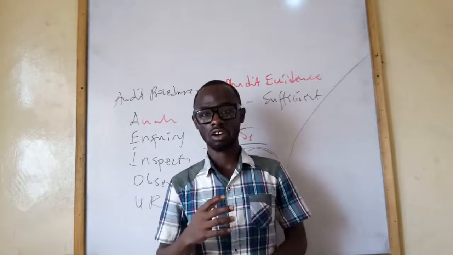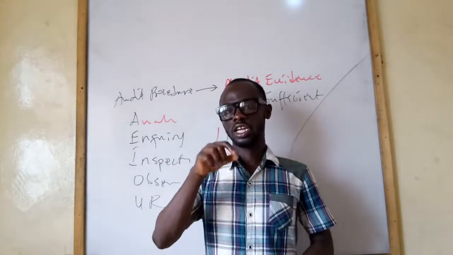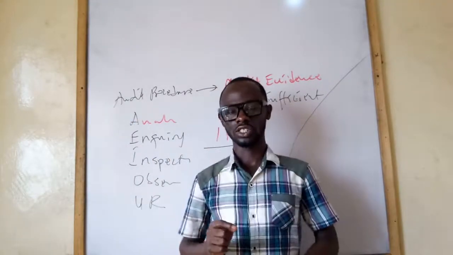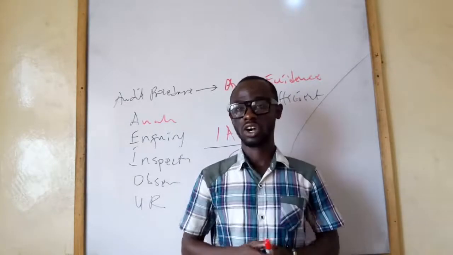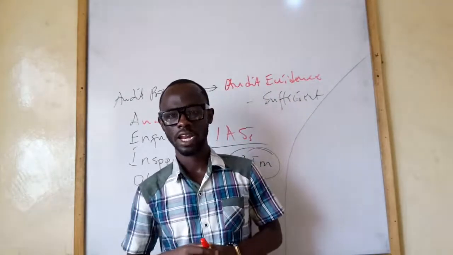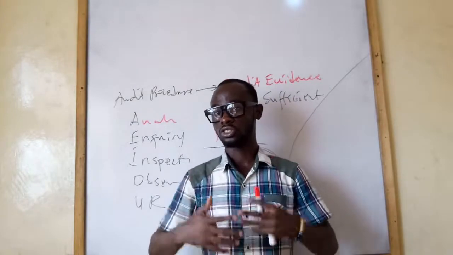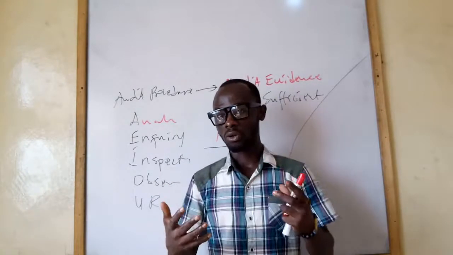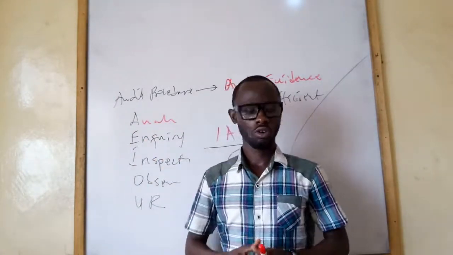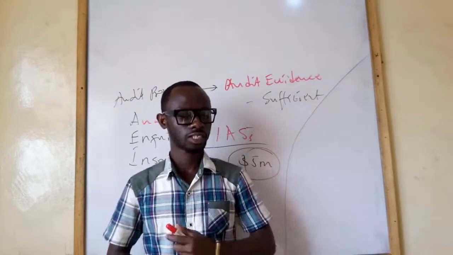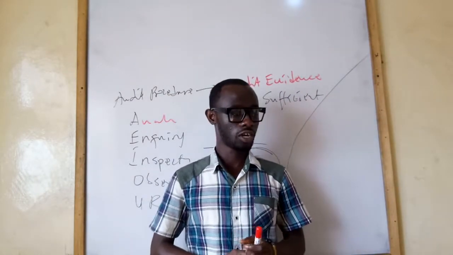So that forecast cash flow may have to be audited. Now, the bank may invite you as an auditor to come and audit that forecast cash flow, or management themselves may invite you to come and audit it to see if it's really reliable and can be used to go for the loan.